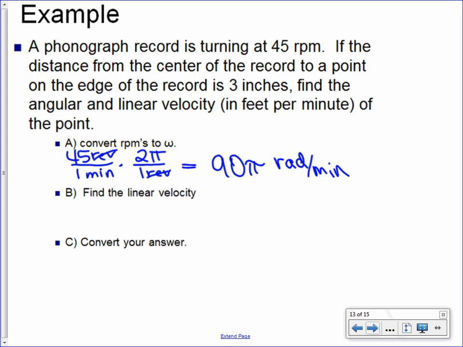All right, linear velocity. How do we find linear velocity? S over t. Okay, so what is our arc length? How do we find arc length?